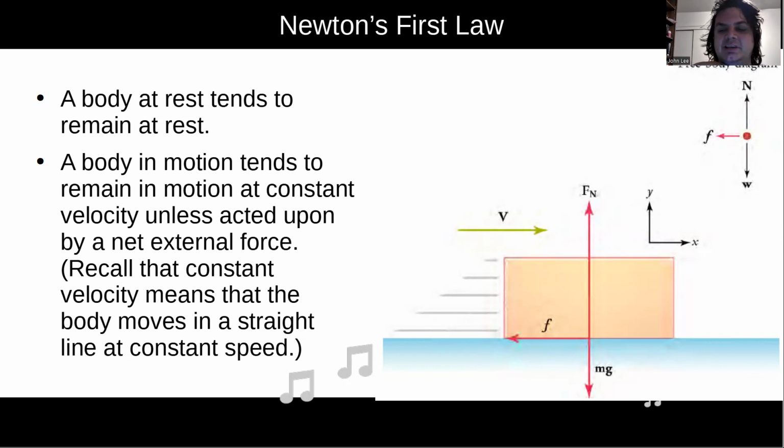It's something called friction, which is a force that always opposes the direction of motion. Kinetic friction points in the opposite direction of the velocity, and because it's a net force in the opposite direction of velocity, it causes the velocity to slow down and come to a rest.